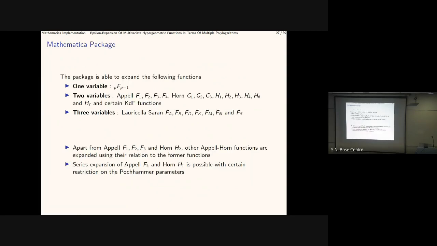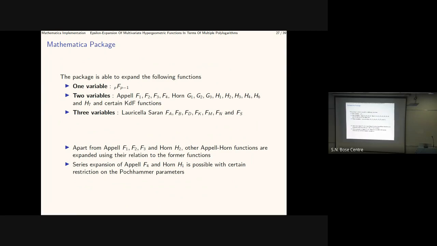So this algorithm is now realized as a Mathematica package. It's called MultiHypExp, and it can perform series expansion of pFp-1 and the Appell functions and Horn functions and certain KdF functions. It can also find some series expansions of Lauricella functions of this set.